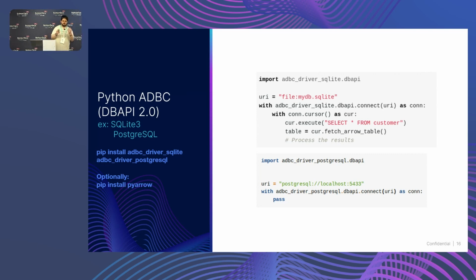The ADBC drivers for Python include a DB API interface so that you can just use DB API 2.0, completely compatible with whatever you're using with Python for DB API things, and benefit from ADBC right away.